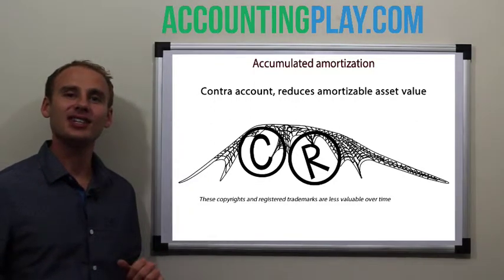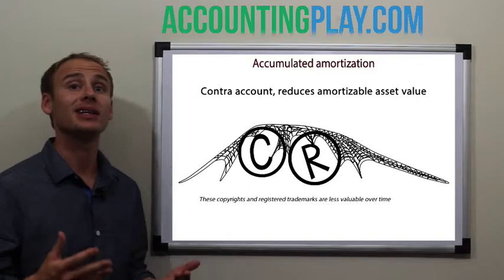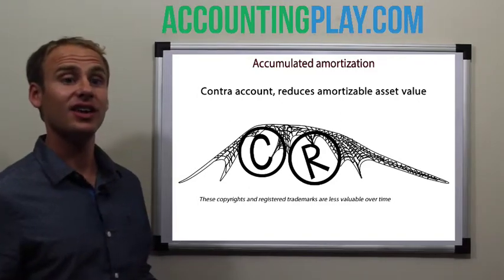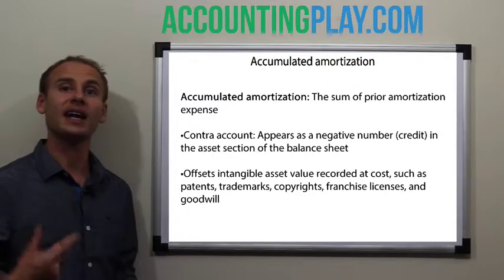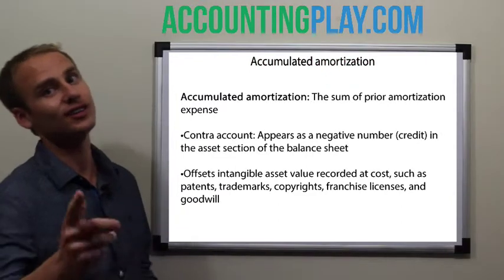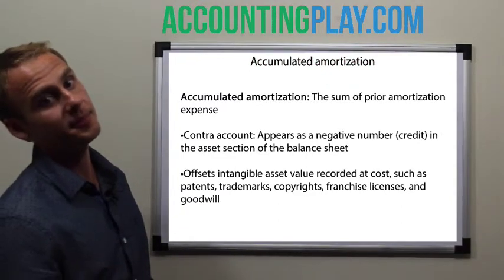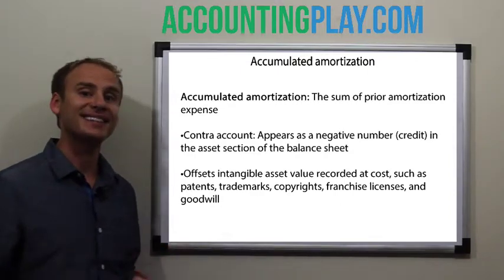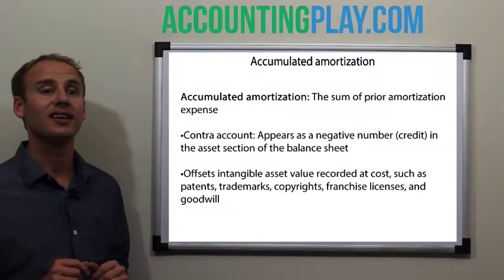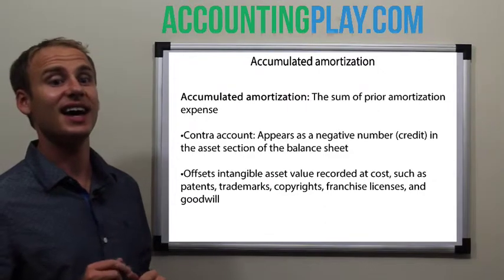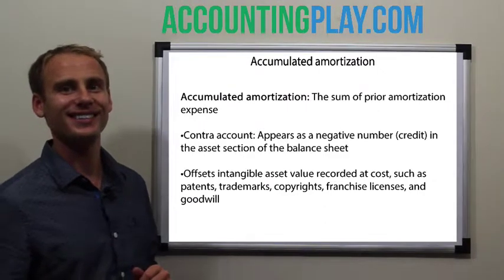Accumulated amortization, much like accumulated depreciation, offsets intangible asset value recorded at cost under USA GAAP, such as patents, trademarks, copyrights, franchise licenses, and goodwill.